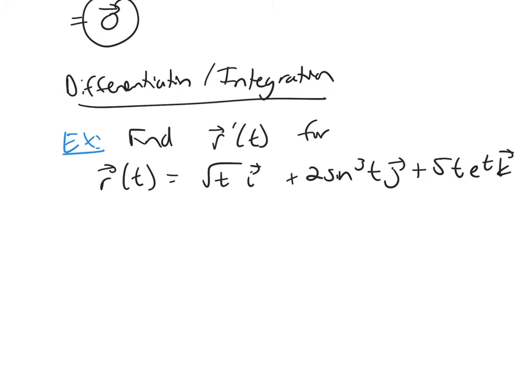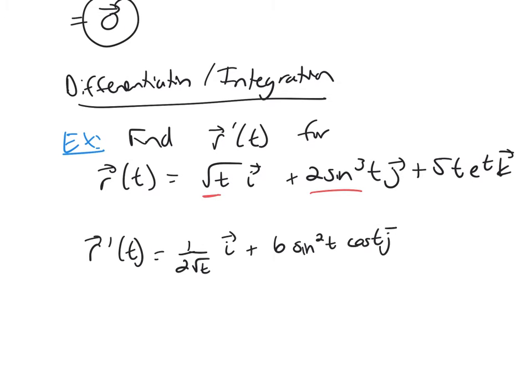So for this first one, you just take the derivative in each slot, each component. Do the power rule: 1/2 t to the negative 1/2, so put it in the denominator. You're going to have to use the chain rule here for this one, so it's going to be 6 sine squared t times cosine t.